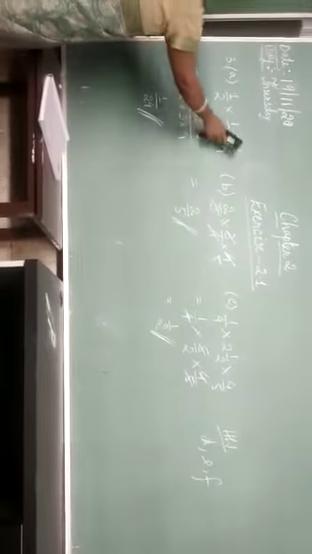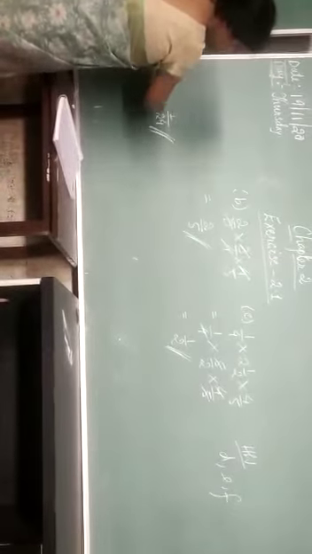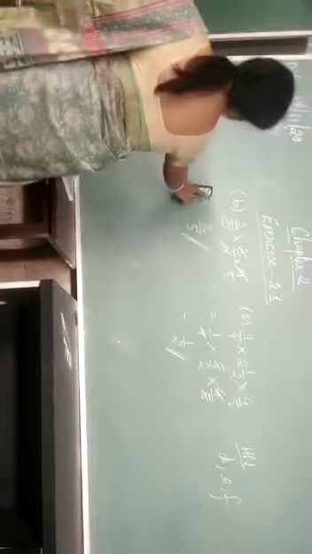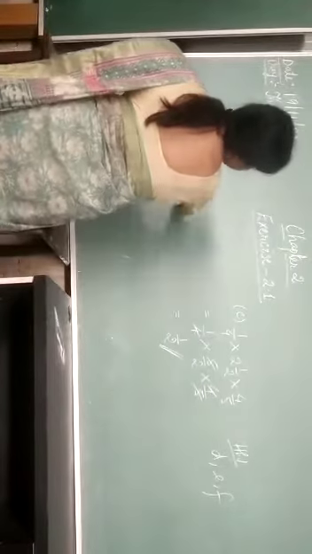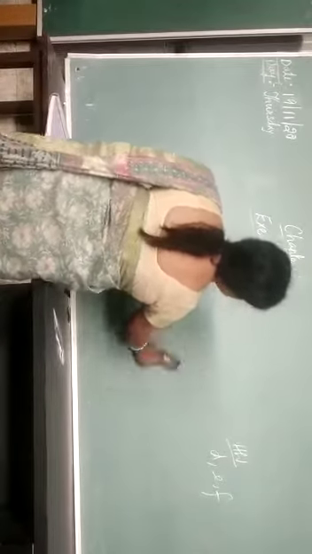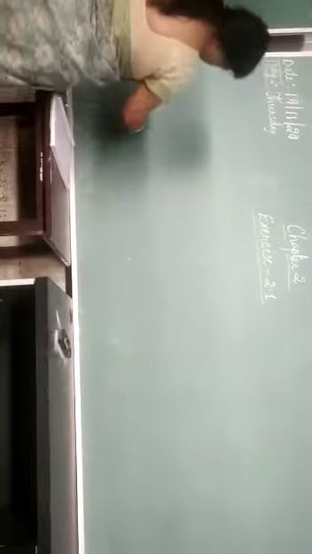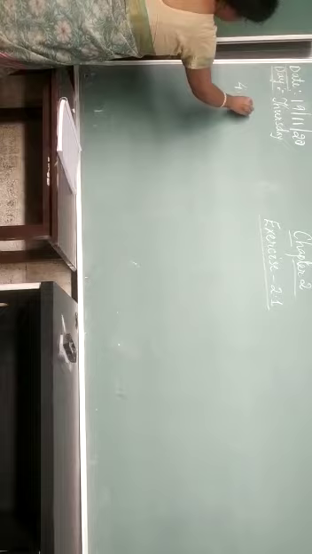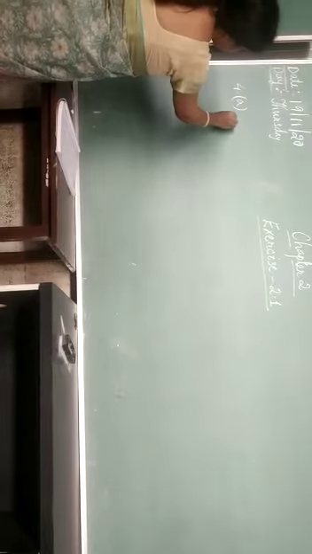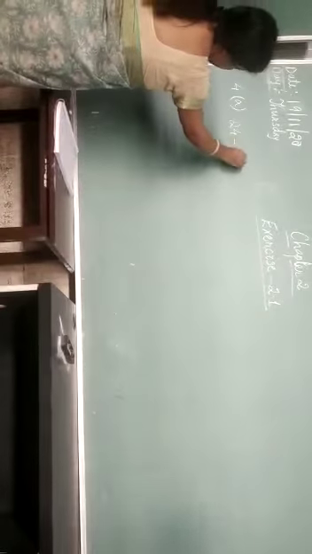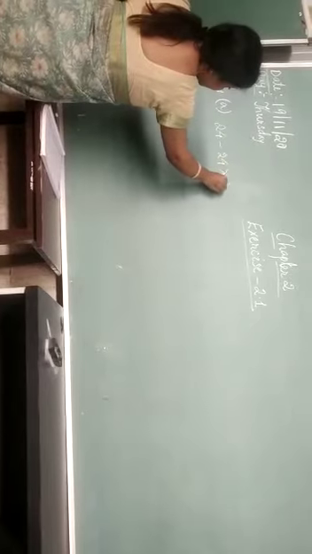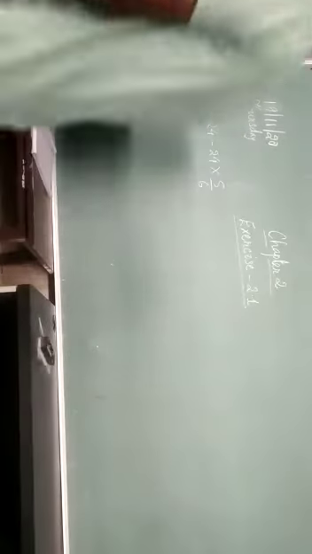Next we come to question number 4. What is given there in question number 4? Question number 4 is simplify. Number A is 24 minus 24 into 5 by 6.